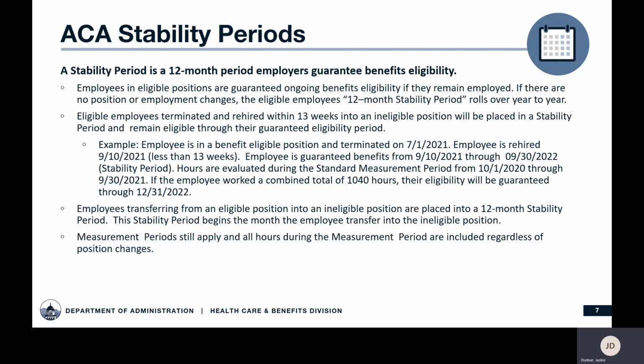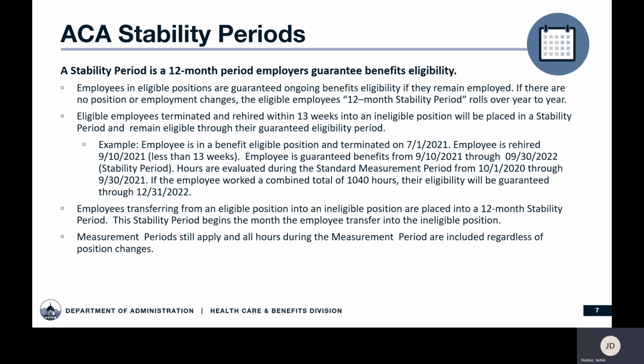Employees transferring from an eligible position into an ineligible position are placed into a 12-month stability period. This stability period begins the month the employee transfers into the ineligible position. Measurement periods still apply, and all hours during the measurement period are included regardless of position changes.